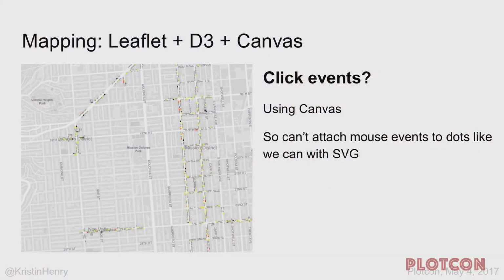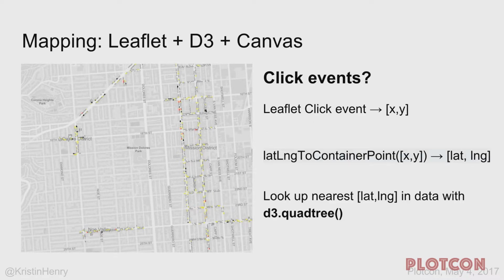So I'm using Canvas. I can't attach mouse events like you can to SVG, which is one of the appealing aspects of D3, being able to just mouse over the visual elements. So what I did is use the D3 quadtree to do a lookup of where that dot is on the map and where it is in the container.